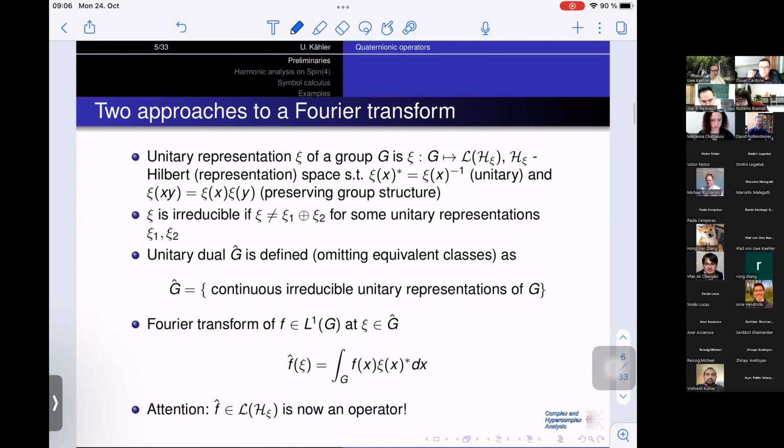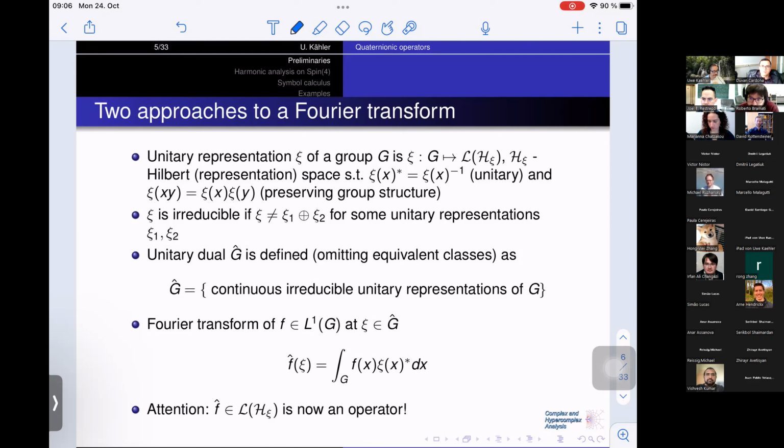The question, of course, immediately comes up what kind of groups one can use. The standard example is the translation group over an interval with periodic boundary conditions, so basically the torus, which is an abelian group. The next thing would be LCA groups, locally compact abelian groups, because that's basically saying R^n again.